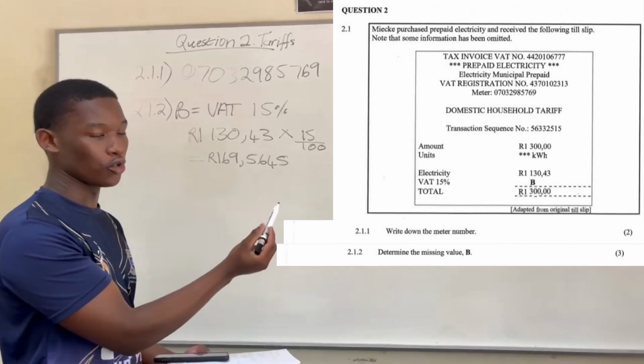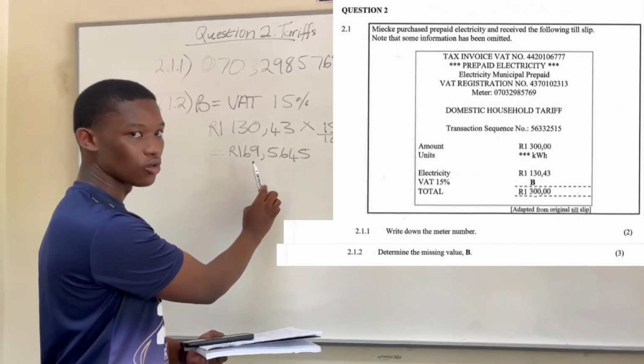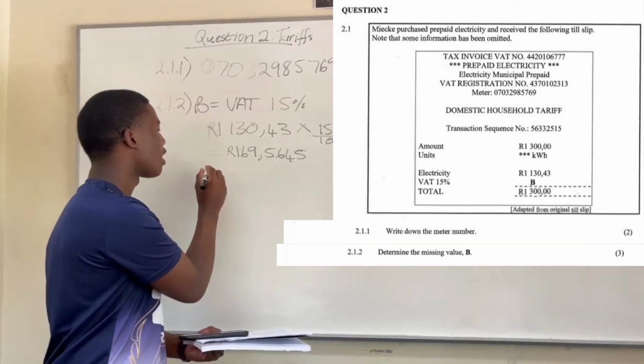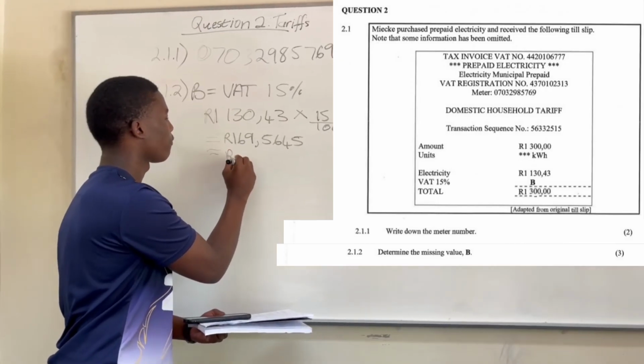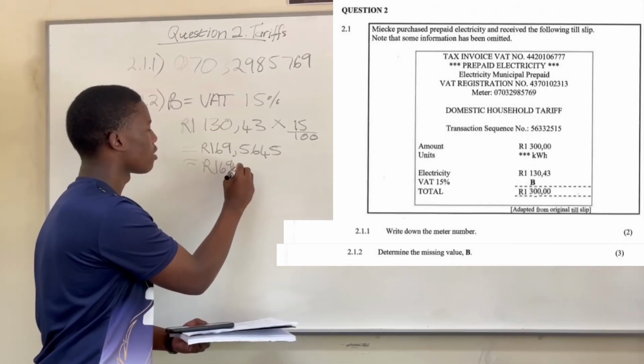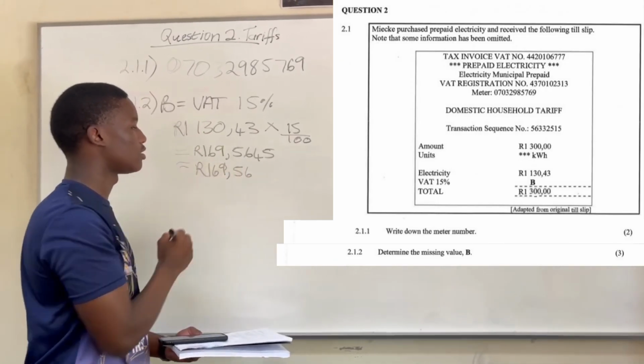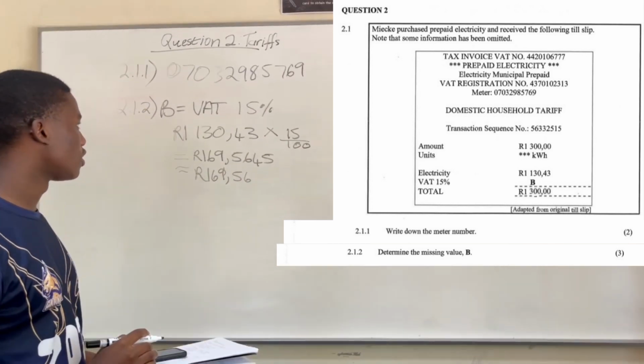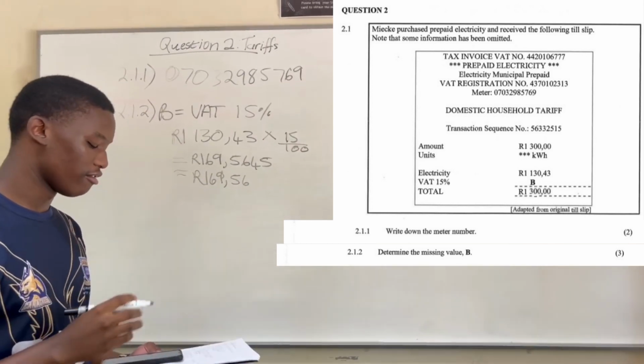You write all the decimals, and then you round off at the end, giving 169.56. So this is your 2.1.2, the value of B.